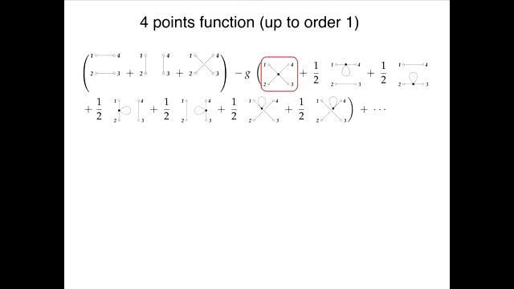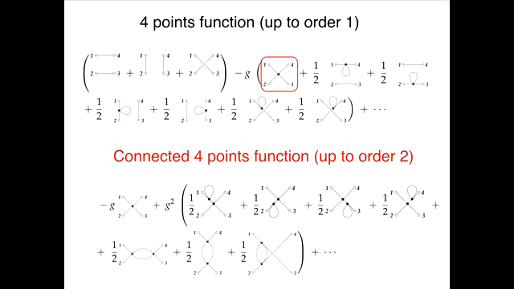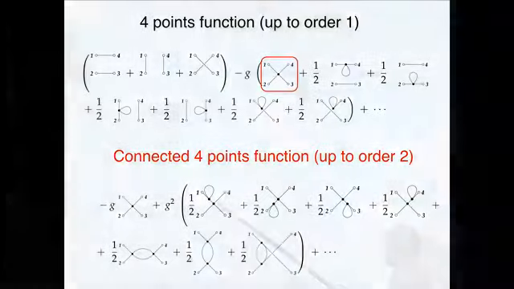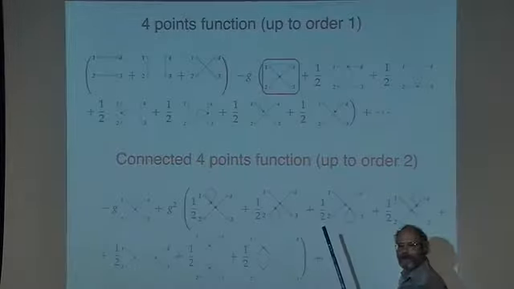So now let me concentrate on the connected diagram. And I go to second order in the perturbative expansion. So I go to connected diagrams with 4 external vertices and 2 internal vertices.